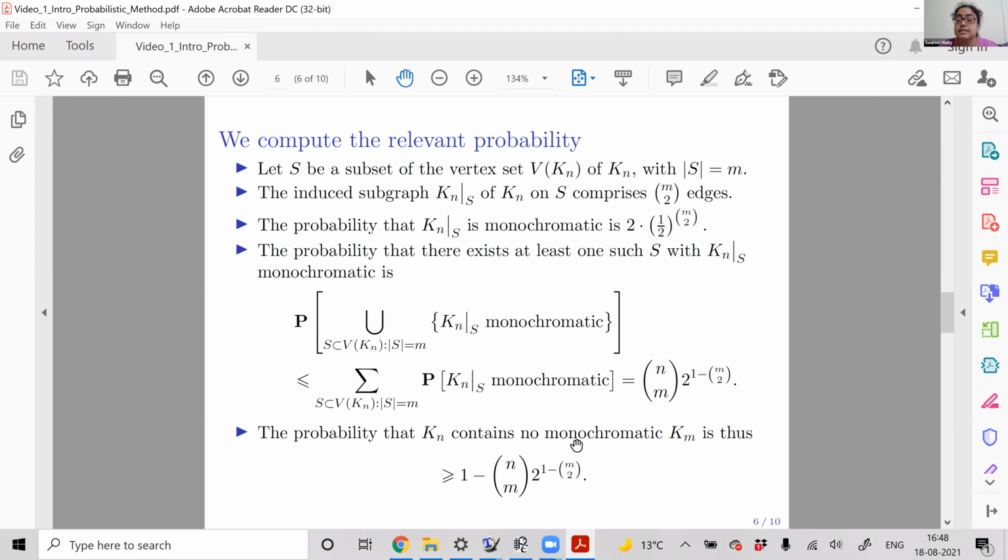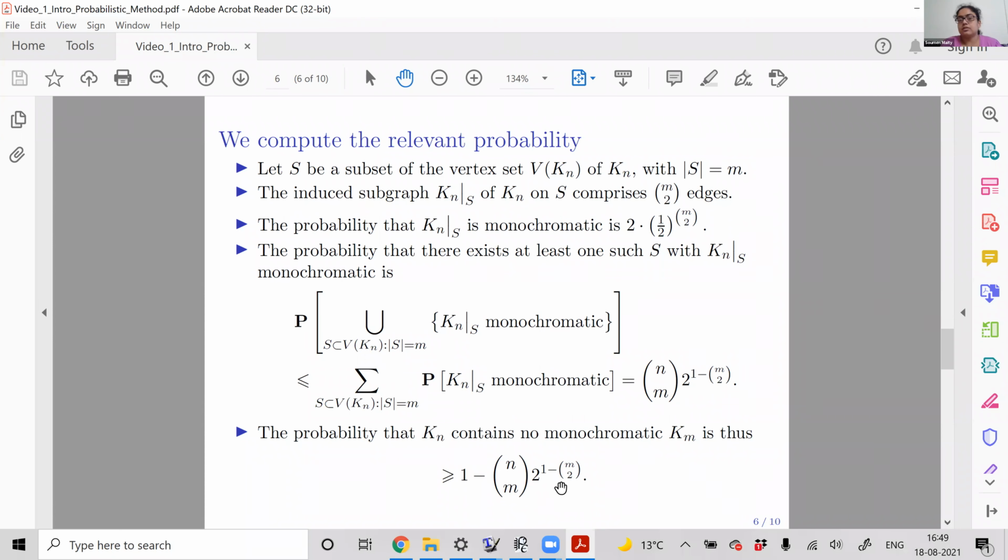So the probability that K sub n contains no monochromatic K sub M is greater than or equal to 1 minus N choose M times 2 to the power 1 minus M choose 2. Okay, so we have seen that we get a bound on probability, but the bound is on the probability of an event. What can we conclude from this?